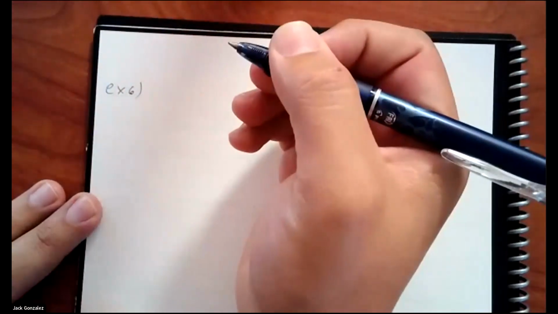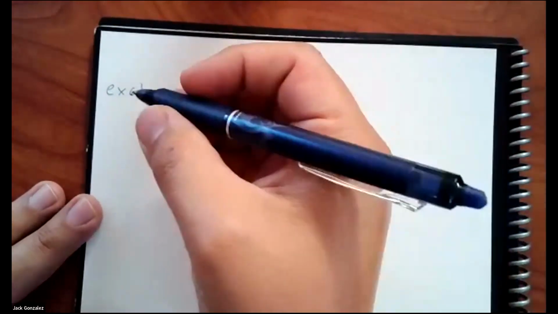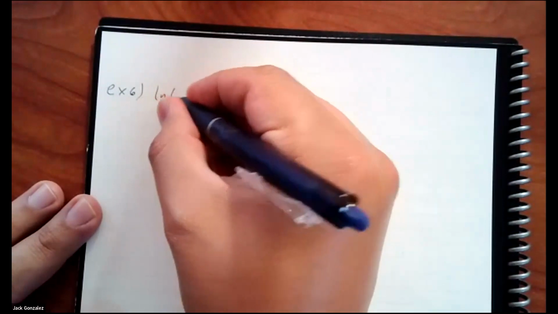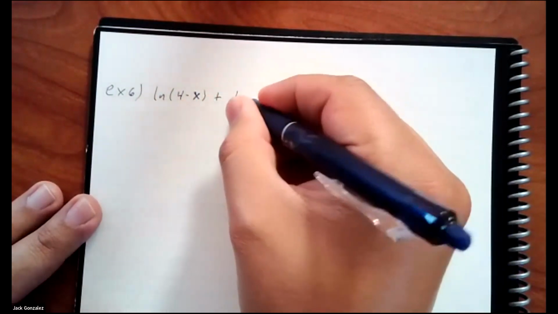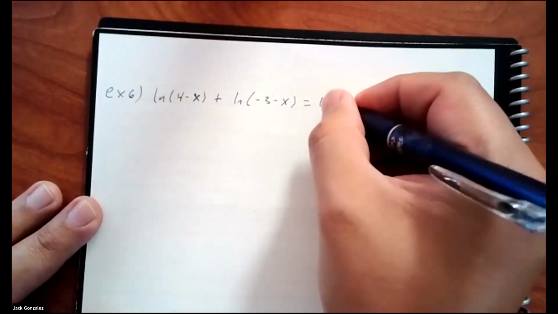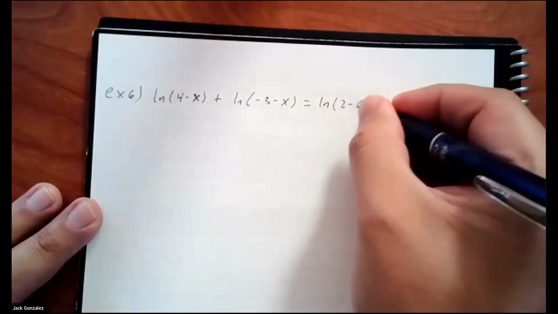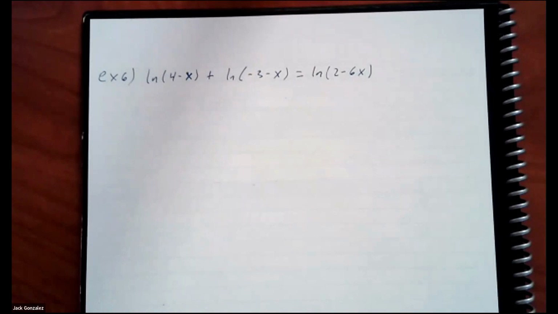All right, we're on number 6. The log equations: ln of (4 minus x) plus ln of (-3 minus x) equals ln of (2 minus 6x).